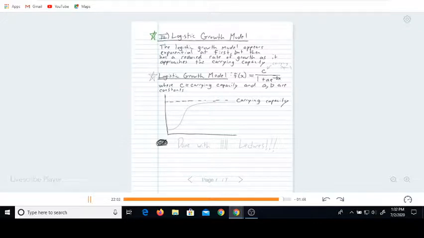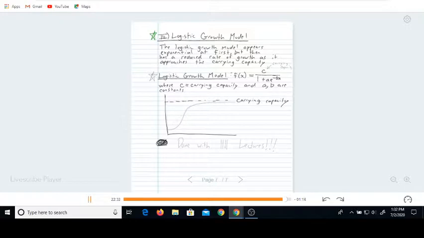You might have an organism that finds the perfect habitat where conditions are perfect, so it's going to grow rapidly, but as it grows, there's only so many natural resources in that habitat, and it's going to approach what's called a carrying capacity. The carrying capacity is the highest capacity of organisms that habitat can carry, because then eventually it's just going to run out of resources.